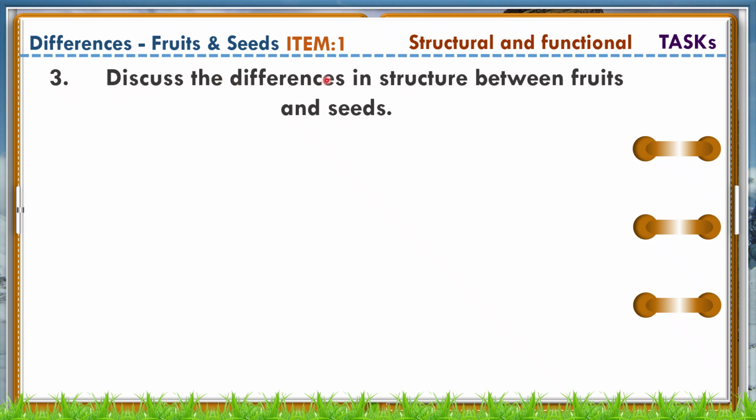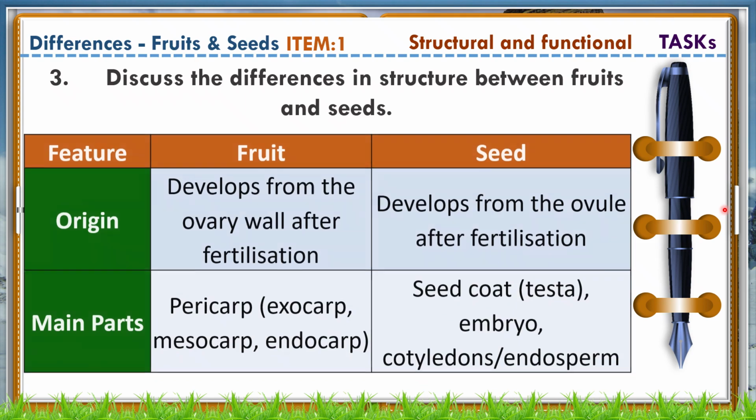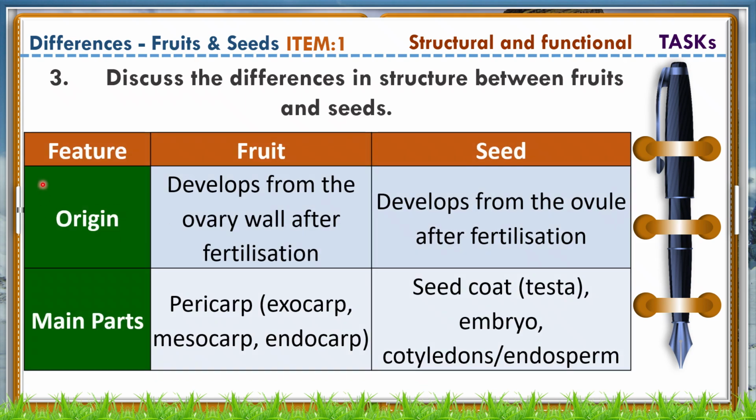Discuss the differences in structure between fruits and seeds. We want to look at the differences in structure between the fruits and the seeds. We have our table here. We have the feature, the fruit, and the seed. The origin.